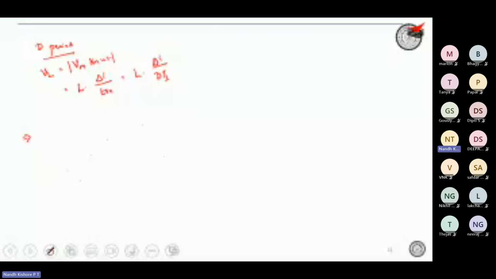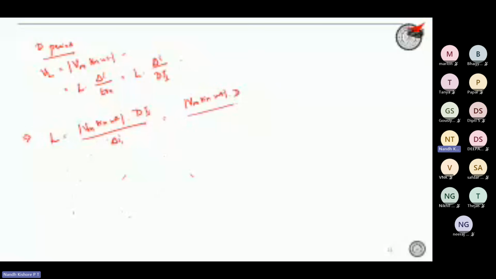So rearrange both these equations. So you would be getting L is basically Vm sin omega t into dTs divided by delta I. Or you can write Vm sin omega t into d divided by delta I into Fs.